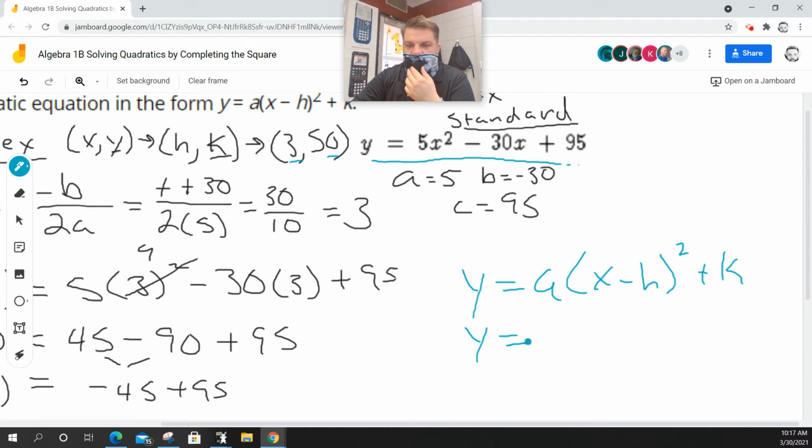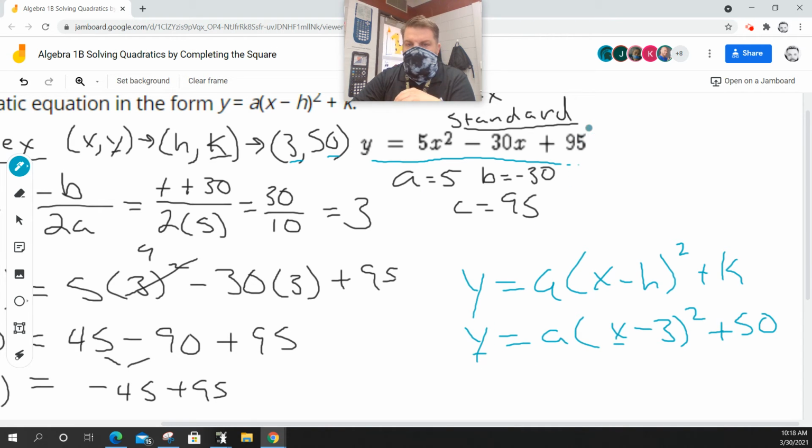So I've got y equals a times x minus h, which is 3, squared plus k, which is 50. So if I find an x and y value that occur on the curve, I'm good to go.